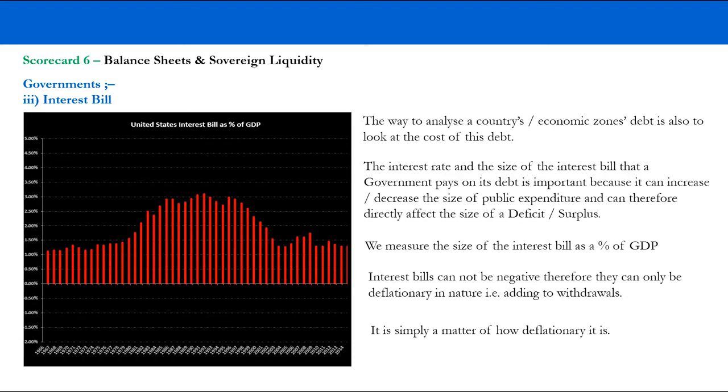An interest bill can only be a withdrawal. And it's basically just simply a matter of how deflationary it is. So it can't be inflationary because it's a withdrawal. It can only be deflationary, and it's a matter of how deflationary it actually is.